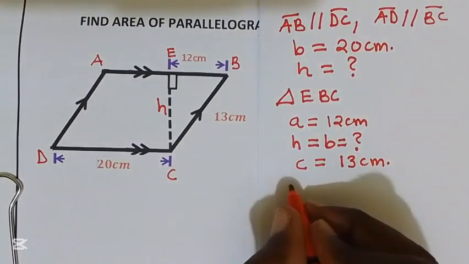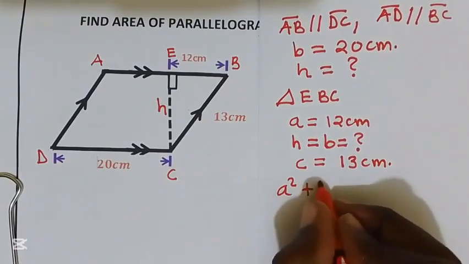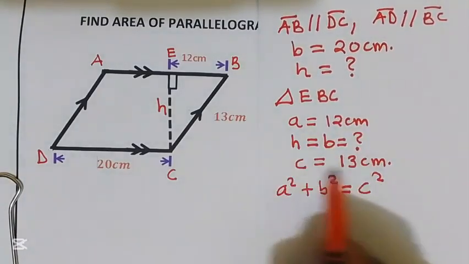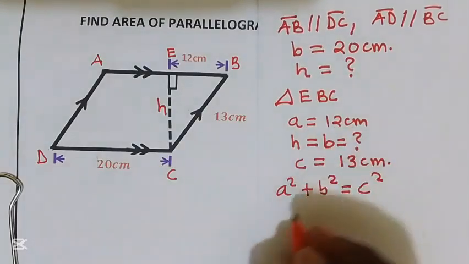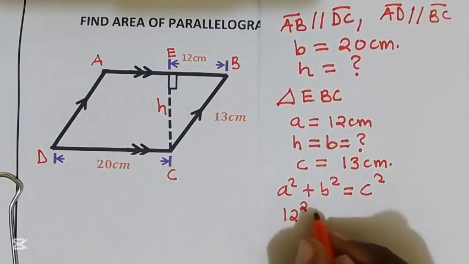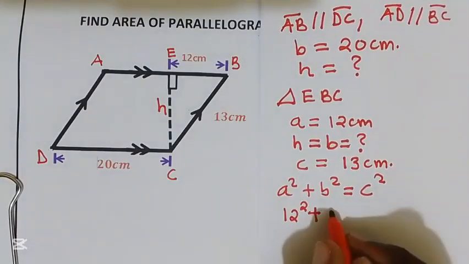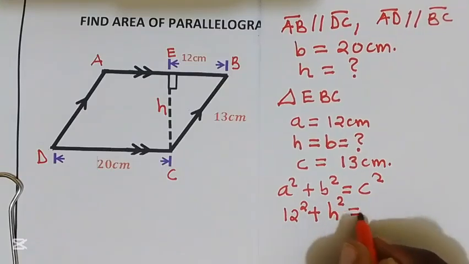From Pythagoras theorem, A square plus B square is equal to C square. I'm going to substitute this here. A equal to 12. 12 square plus B, the same as H, square. This is equal to C.